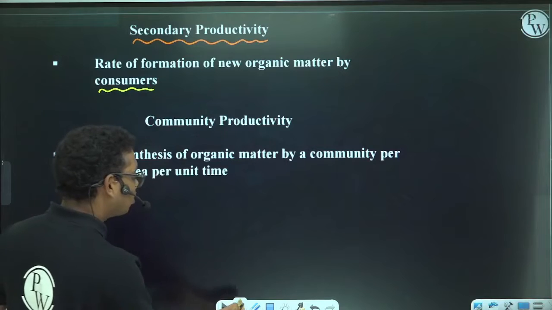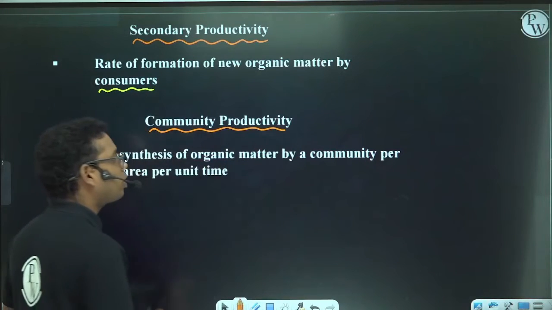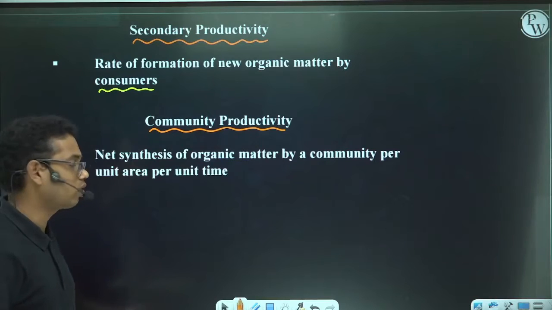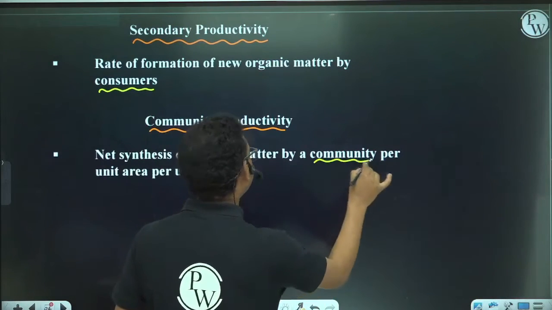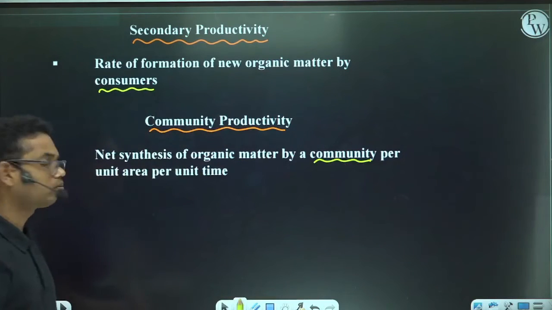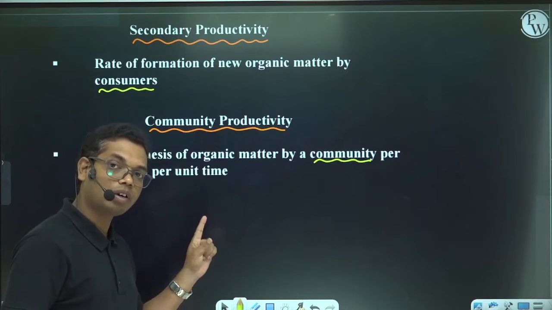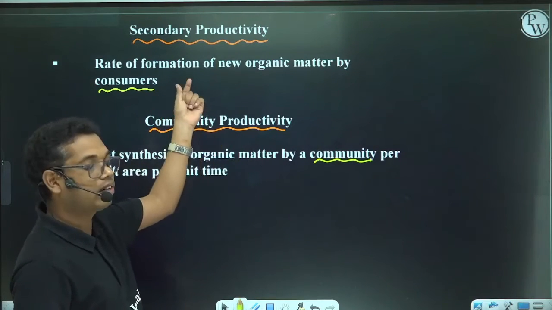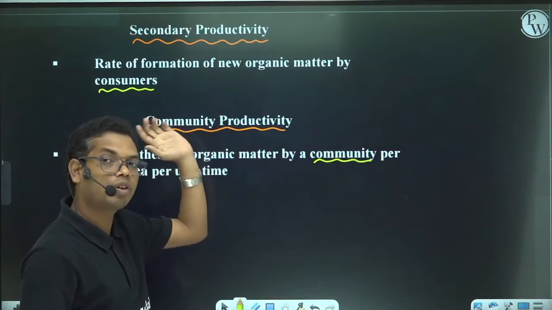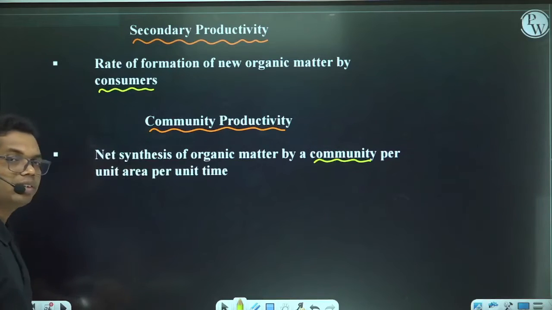The third type is community productivity, the rate of biomass production by the community. So rate of biomass production by plants is primary productivity, by consumers is secondary productivity, and by the community is community productivity.